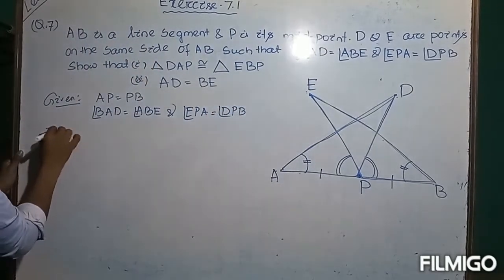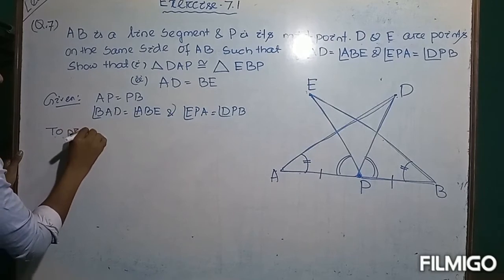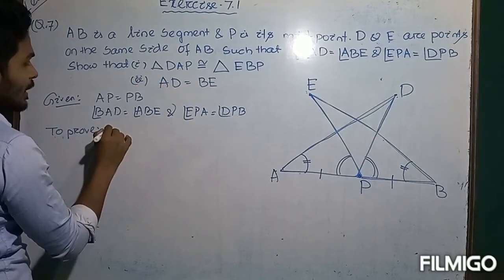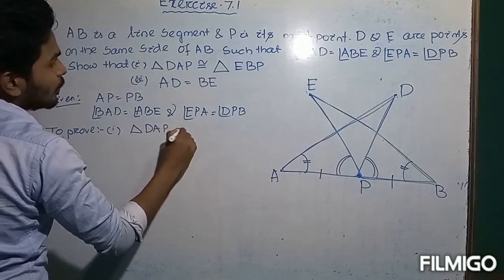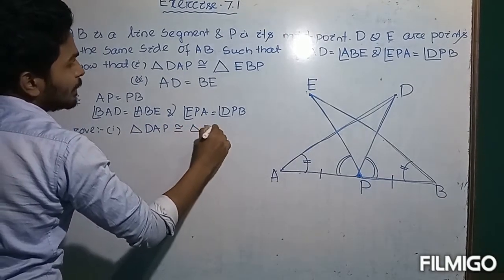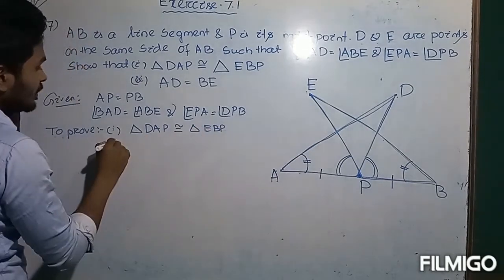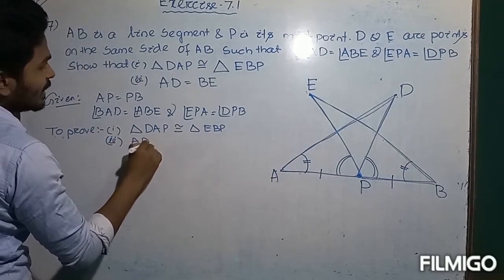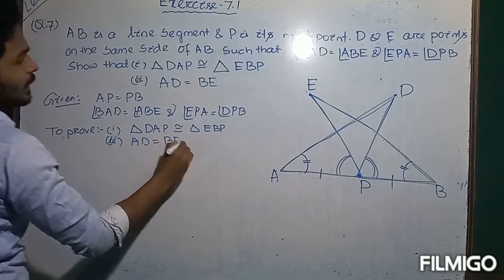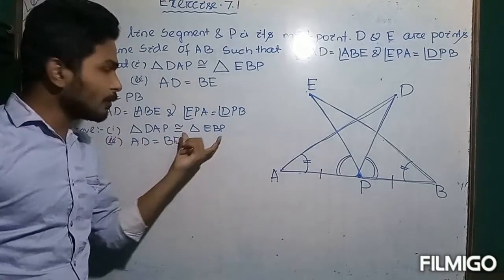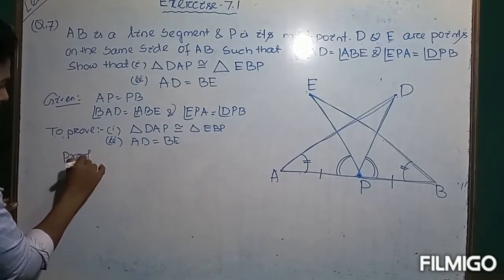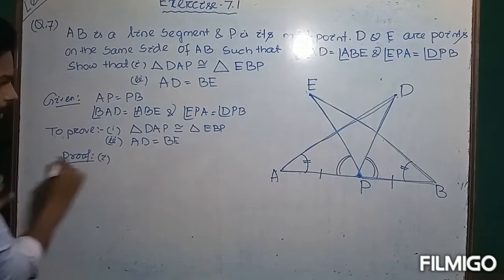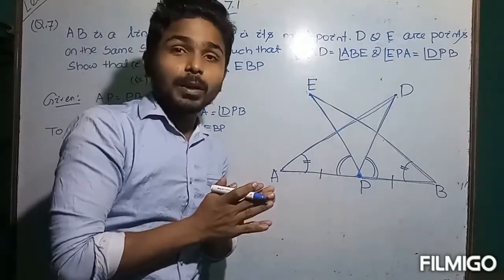So to prove the first statement, triangle DAP is congruent to triangle EBP and AD is equal to BE. So now we will start proving the first statement. Proof. First statement.